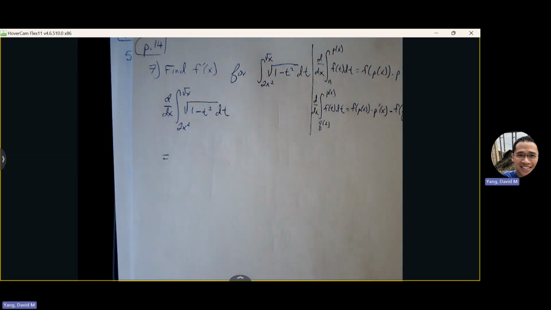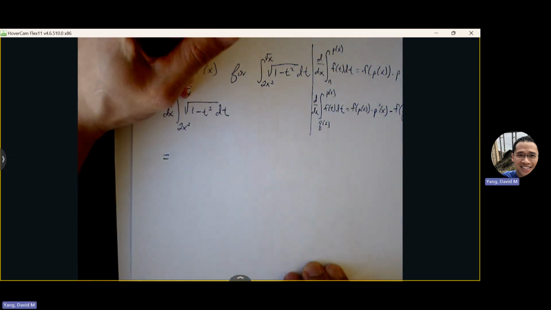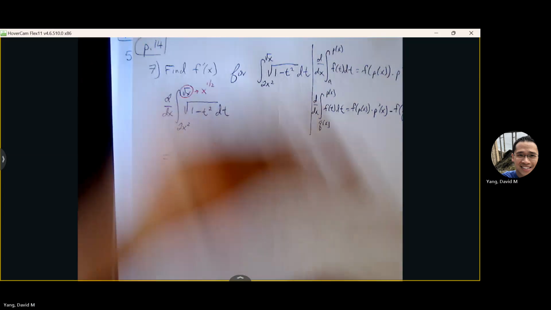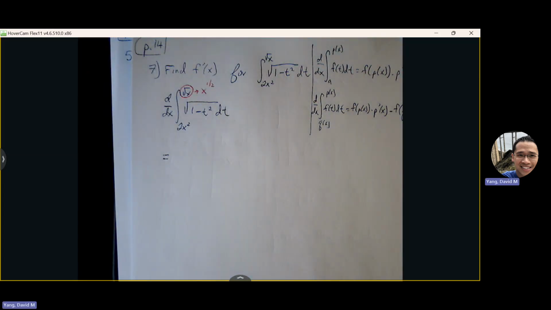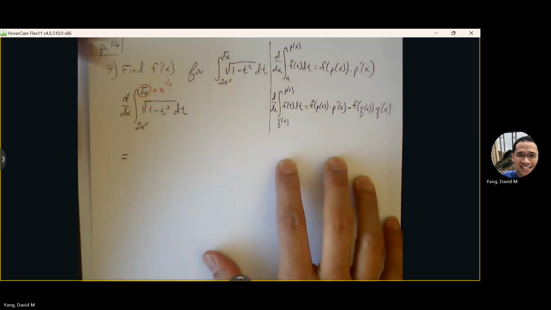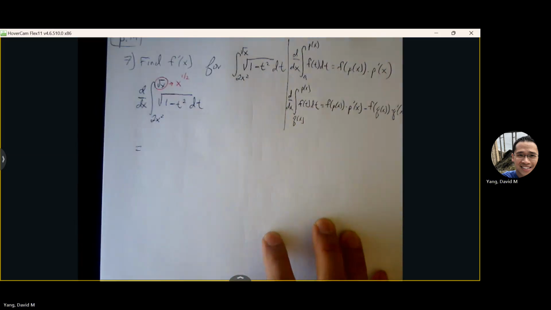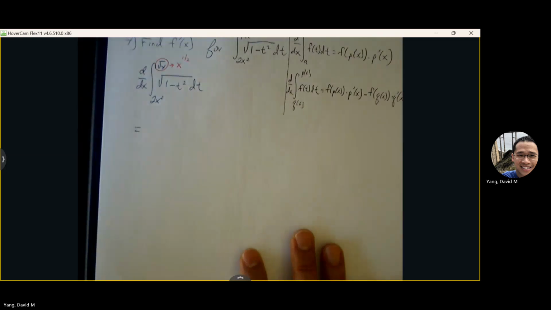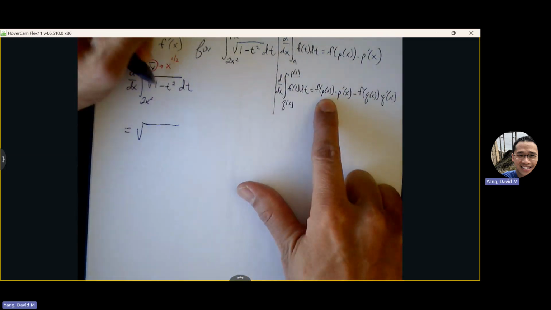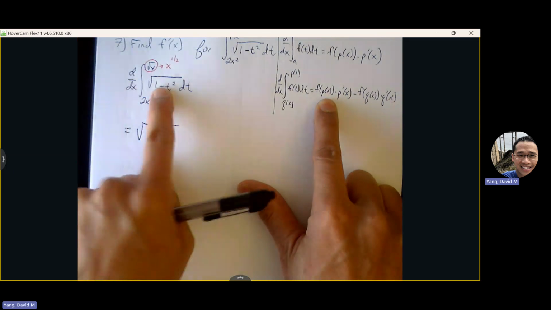I do want to get this root x to be set up because I know I have to involve power rule eventually with that p prime. So f of p of x, all we're doing is we're copying the exact same expression.